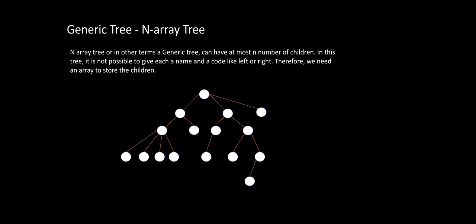Therefore, we need an array to store the children. For example, here, there's only one root on this tree and it has 3 children, which in turn have different numbers of children too. So in here, we must construct an array to store the children, so that it will become easier to traverse.